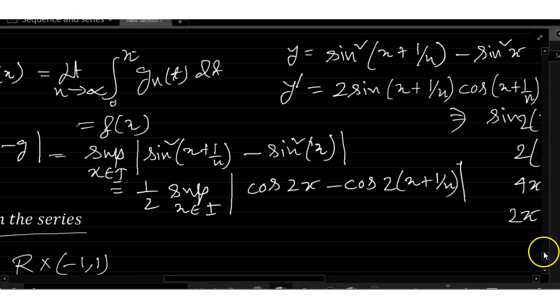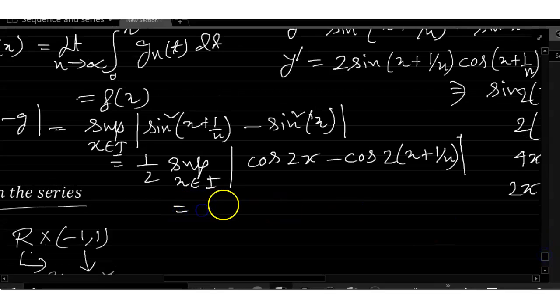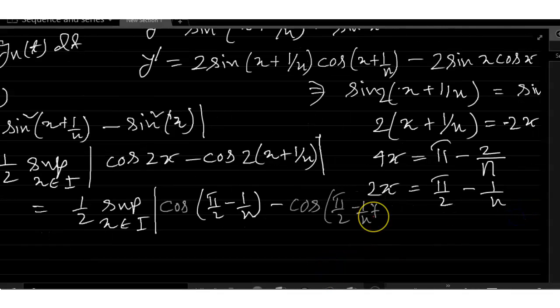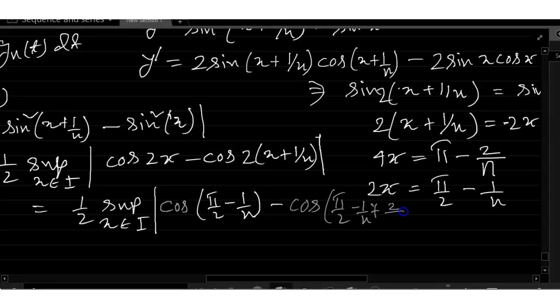Therefore, the supremum equals the value here. So 1 by 2 supremum x belongs to I of cos of pi by 2 minus 1 by n minus cos of pi by 2 minus 1 by n plus 1 by n divided by 2 by n. The result is sine 1 by n.